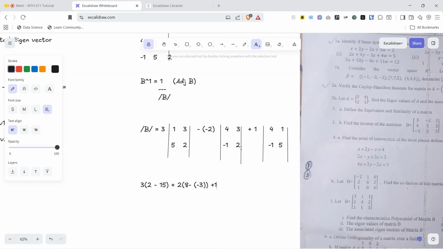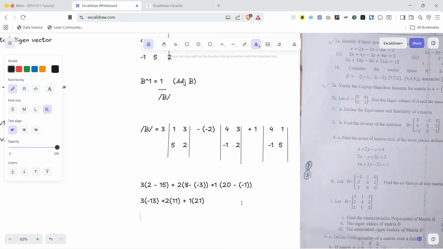Then plus 1 into 4 times 5 is 20, minus 1 times minus 1, so 20 plus 1, that's 21.